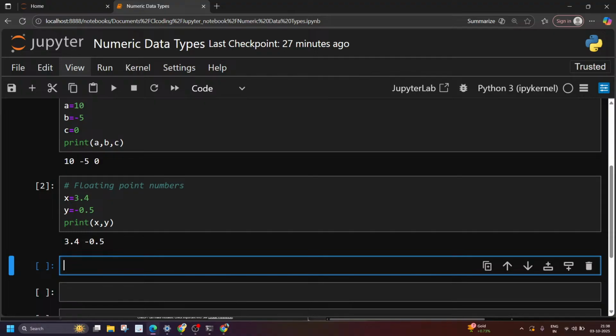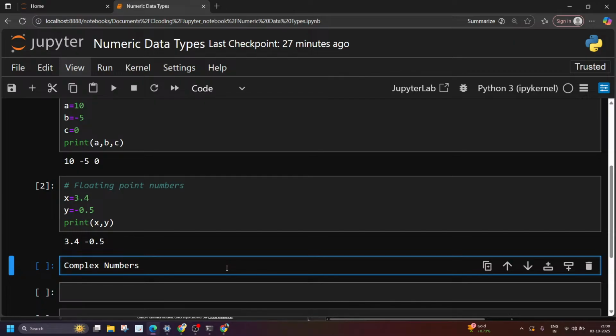Next, we'll see complex numbers. What are complex numbers? Complex numbers are numbers with a real and an imaginary part, for example a plus bi, which are useful mostly in engineering, physics and mathematics.